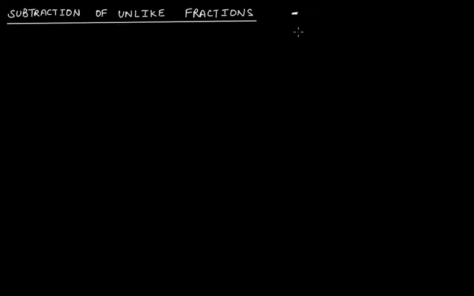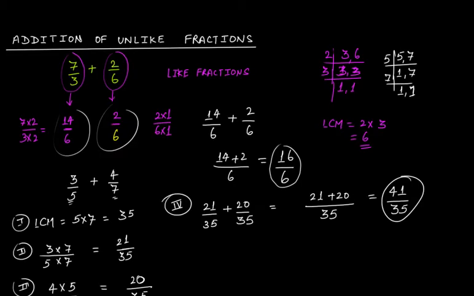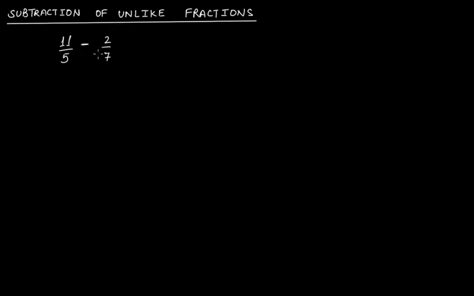So if we have two unlike fractions, let's say we have 11 over 5 and we have minus 2 over 7. These two fractions are unlike fractions as the denominators are not the same, and as we had discussed, we'll have to make these two fractions into equivalent fractions.